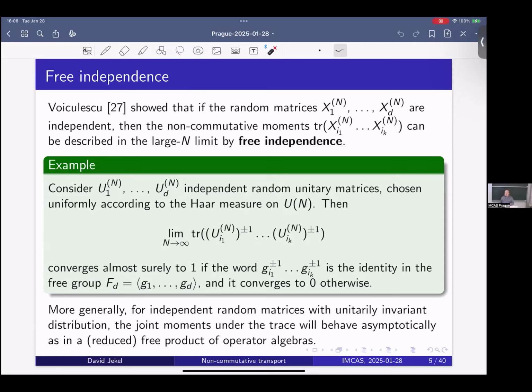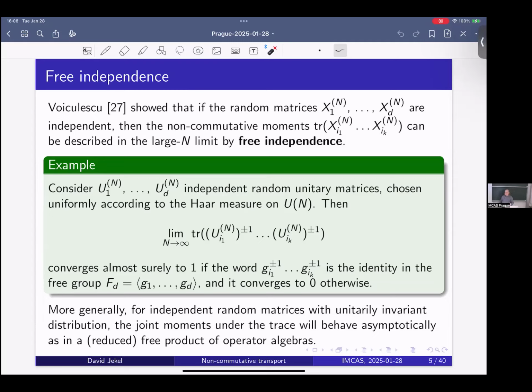For instance, if you have permutation invariant random matrices, or Wigner matrices, which are just matrices with IID entries, but they're not necessarily invariant under unitary conjugation. Anyway, in these situations, you often get free independence. And as an example, you could consider the unitary case.